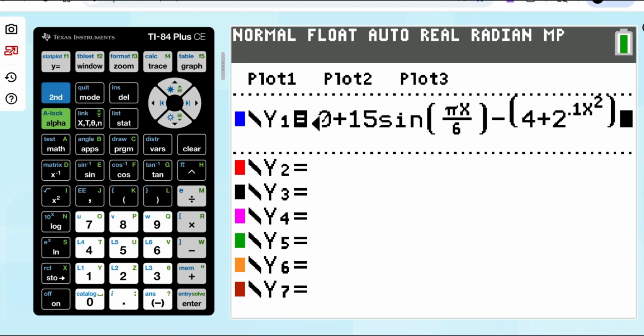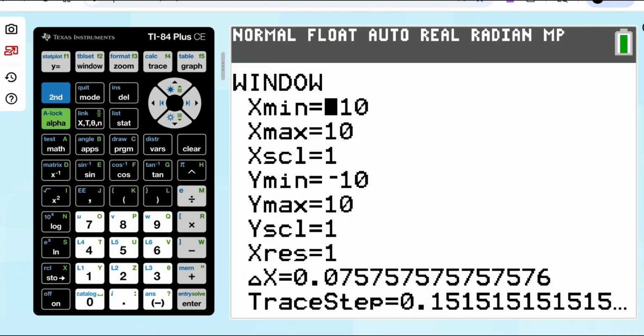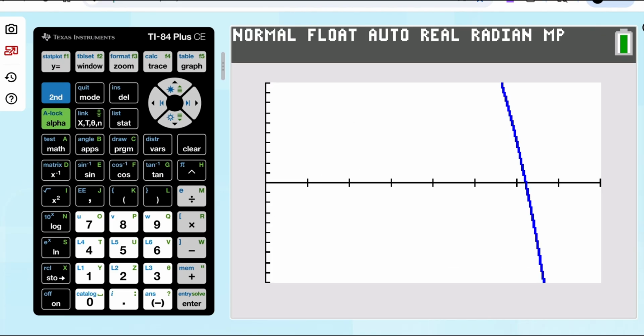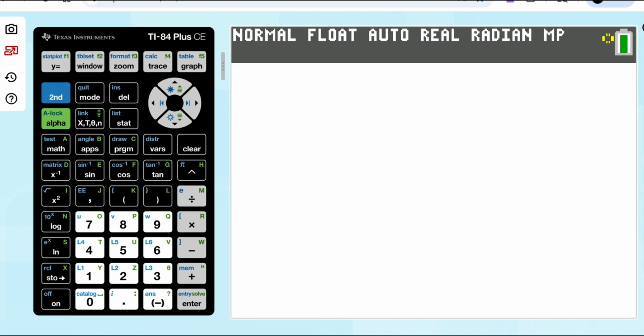And so that's what we're looking at here is e of t minus L of t that we're graphing. And I'm going to graph it on the window when I'm hitting the window button there. X min is 0 and X max is 8 because that's really all I care about. And I can see that it just has the one time when it crosses through the x-axis. So in order to find that, we're just going to hit second and then trace.